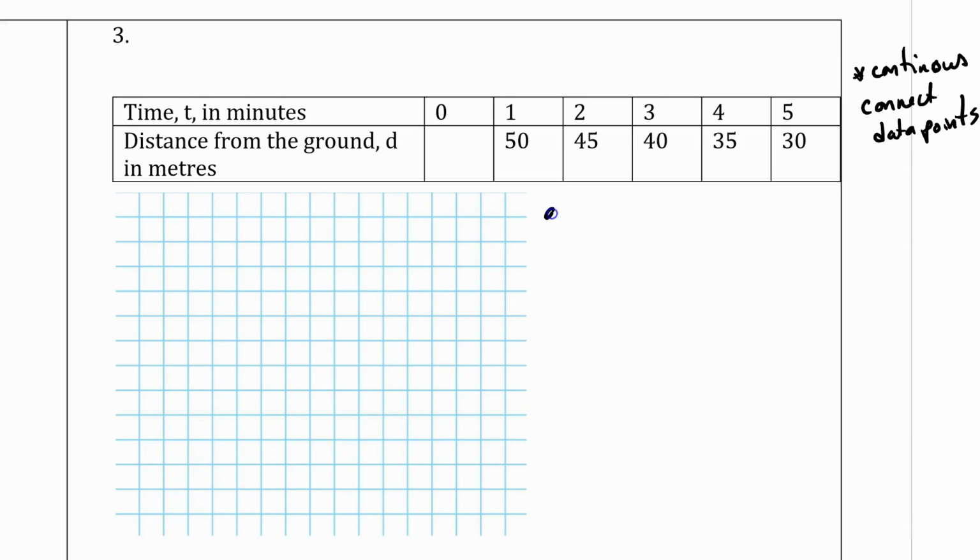First things first, let's describe the relationship in words. So for every increase in 1 minute, there is a decrease in distance from the ground by 5.